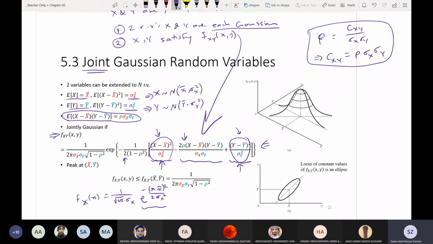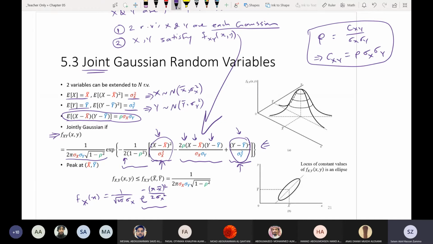What connects them together is rho multiplied by (x minus x bar)(y minus y bar) divided by sigma x sigma y. This whole thing is in an exponent, divided by 2(1 minus rho squared), and the coefficient looks like 1 over 2 pi sigma x sigma y square root of (1 minus rho squared).